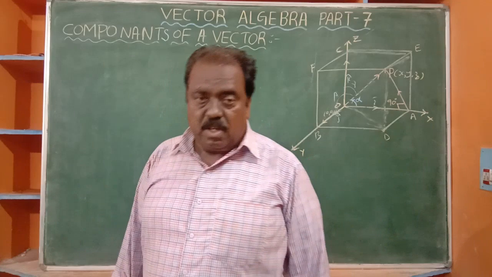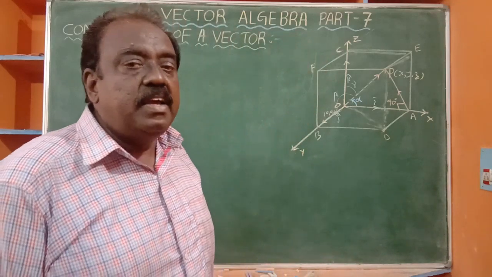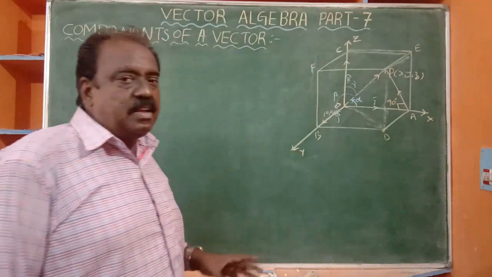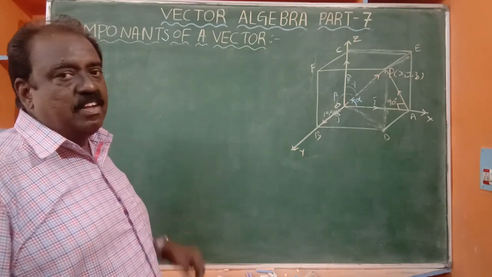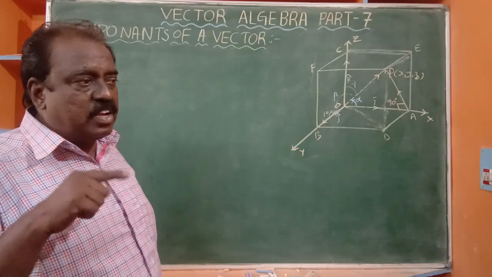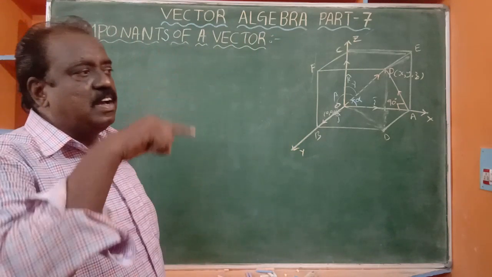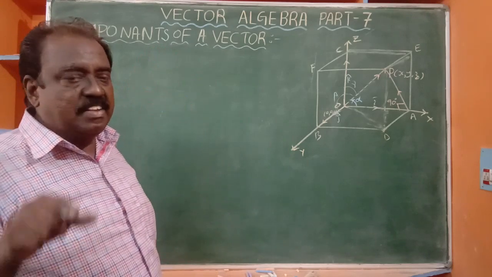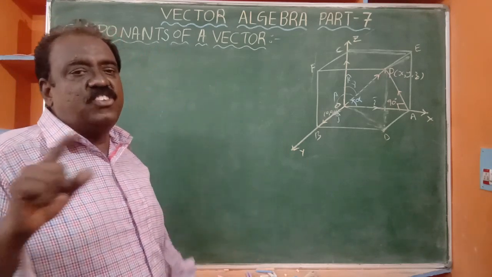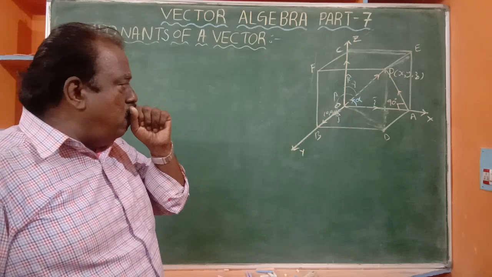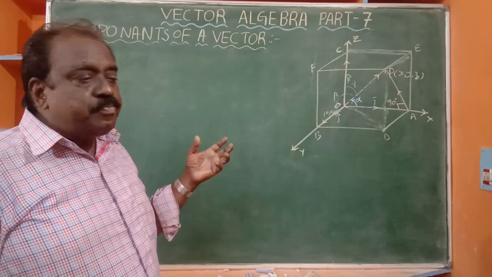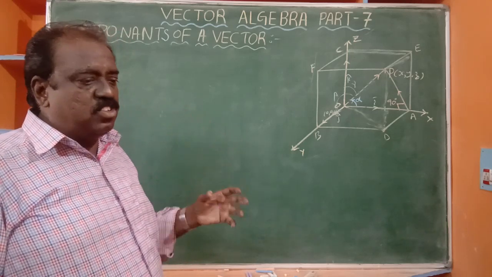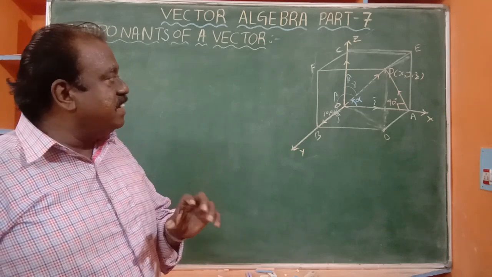If you take cos 30, cos 45, cos 60 like this, those concepts are called direction cosines.